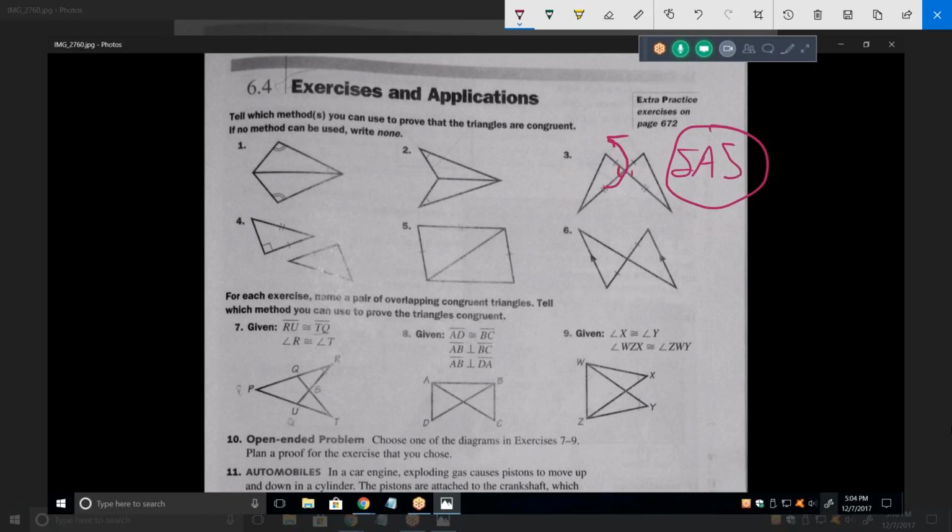Side, angle, side. First 3 things I run into. Whereas if I got to go that way, I run into this angle here, I run into that side there, and I run into that angle there. I don't know any of those. So when you're figuring out whether to go clockwise or counterclockwise, always go the most efficient, quickest path, if you know what I mean. It's a little hard to explain, actually.